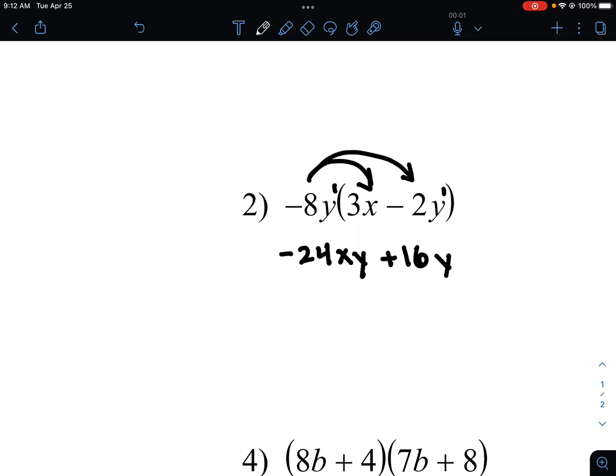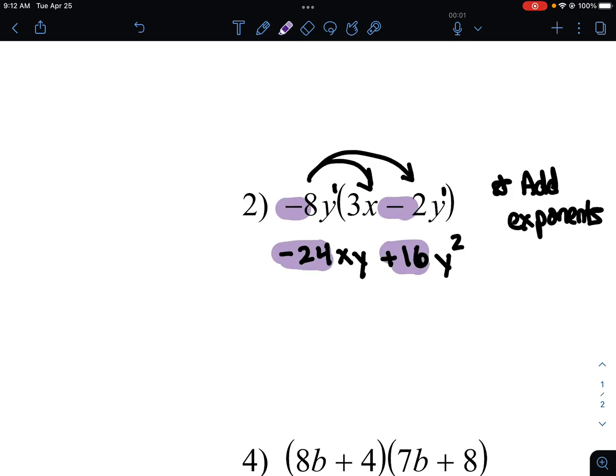And we add the exponents when you multiply to one another. That's why we did our exponent rules in the last chapter. So be aware of negative times a negative and the coefficients multiplying and adding the exponents. Other than that, there's your answer.